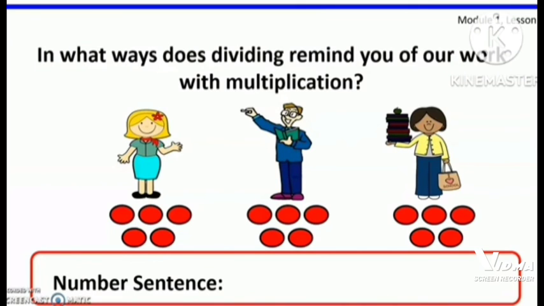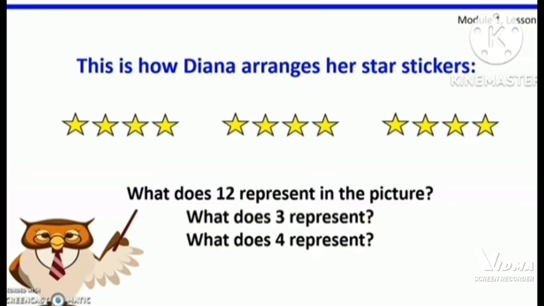That is true. If you share 15 into 3, you have 5. Do you see that division is like multiplication, just the opposite of it? Division is the opposite of multiplication. 3 times 5 is 15. 15 divided by 3 is 5. Now this is how Diana arranged her star stickers.